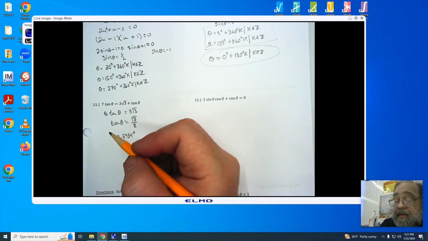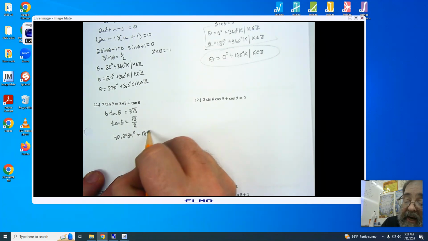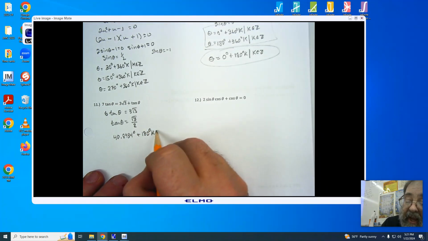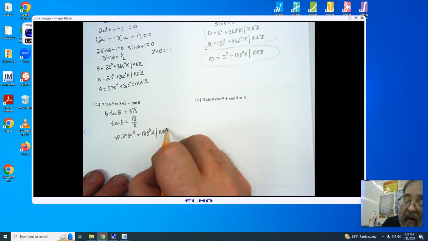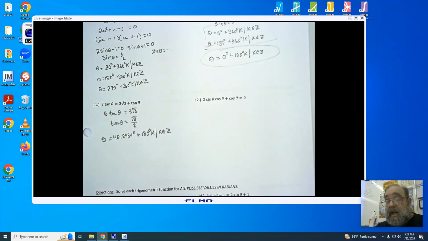And we know that this is going to happen in the third quadrant. So I'm going to add 180 degrees times k, where k is an element of the integer set. This will now give me all coterminals, as I have that 40-degree angle like this, and I keep going back and forth and back and forth.